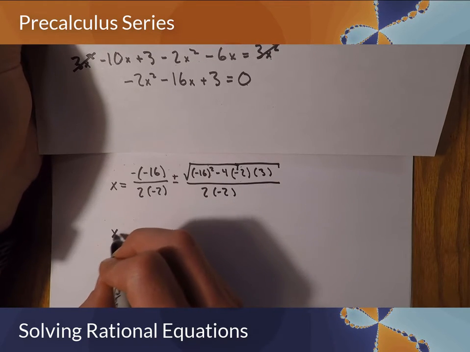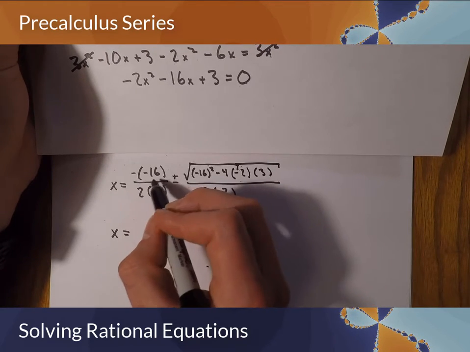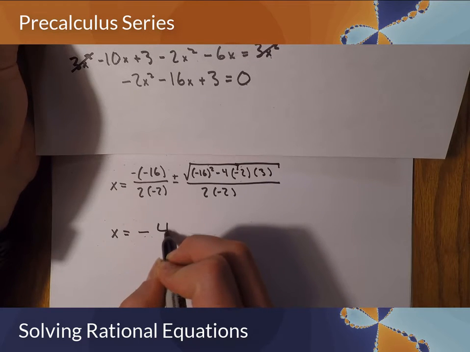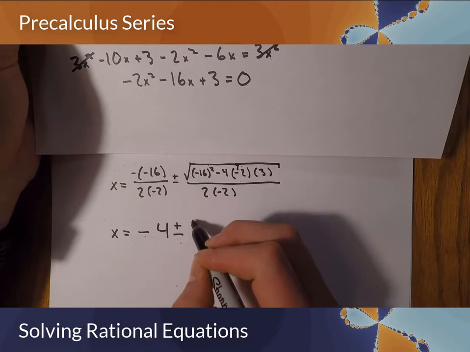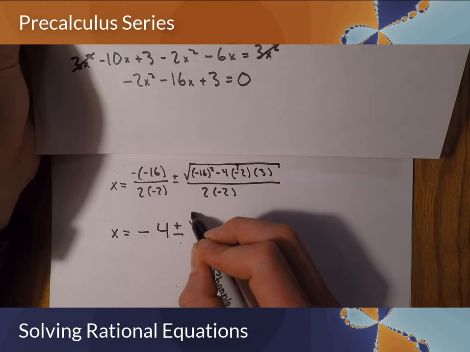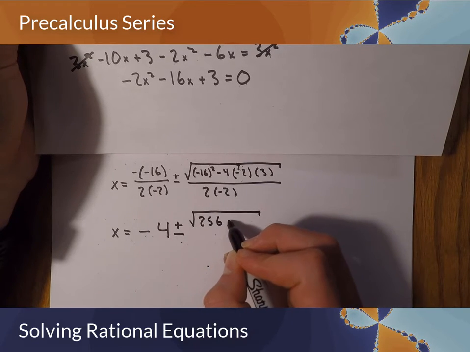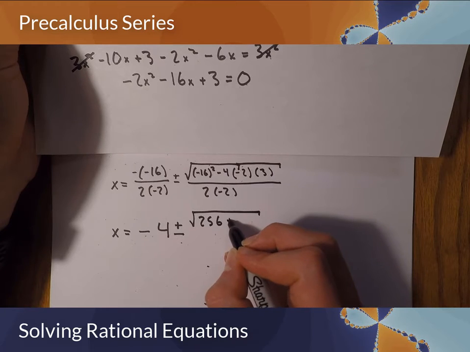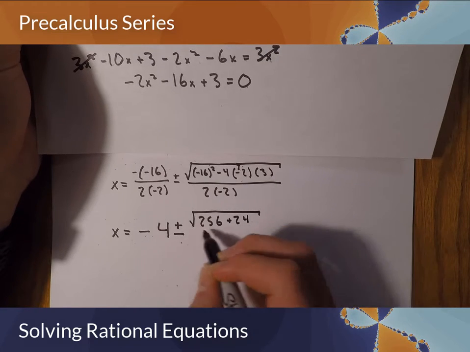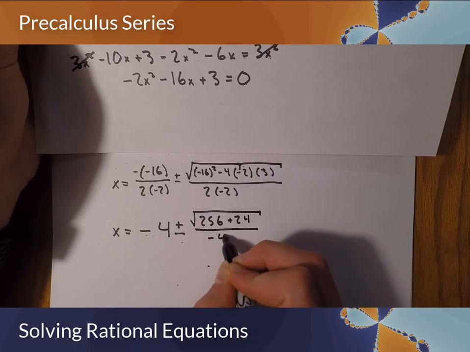And so when we solve this, we get positive 16 over negative 4, which is negative 4, plus or minus the square root of 256 plus 24 all over negative 4.